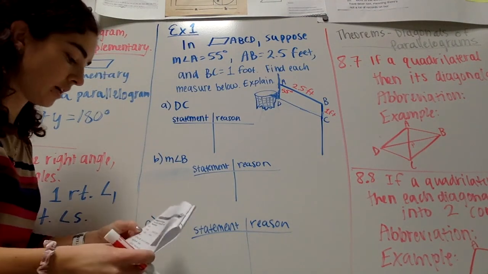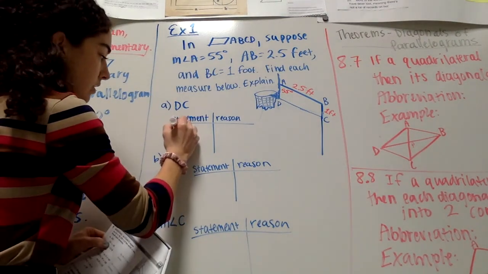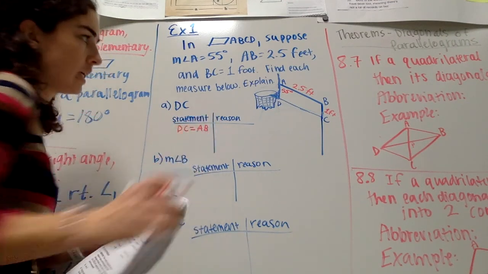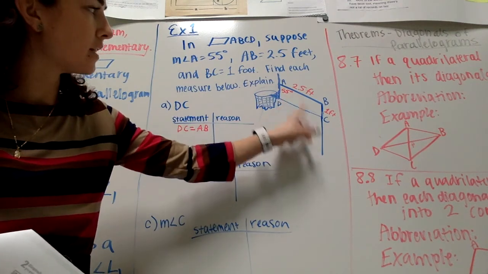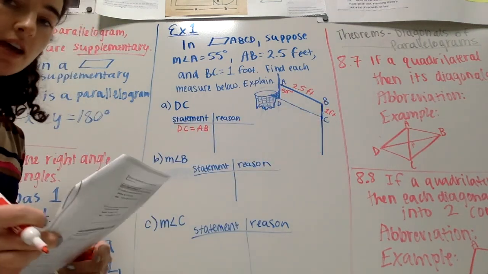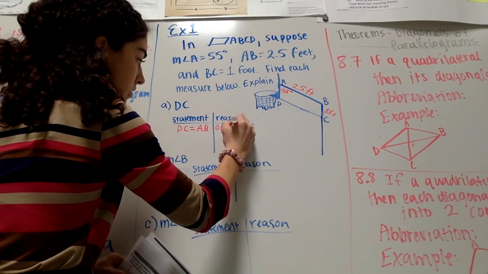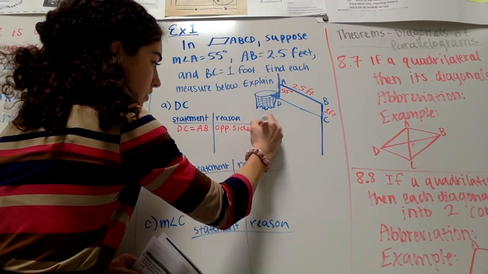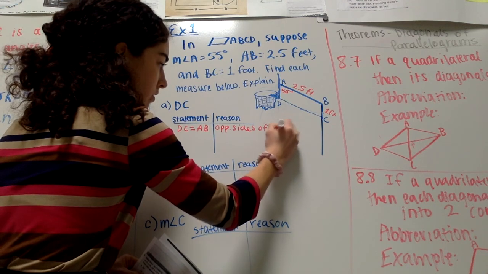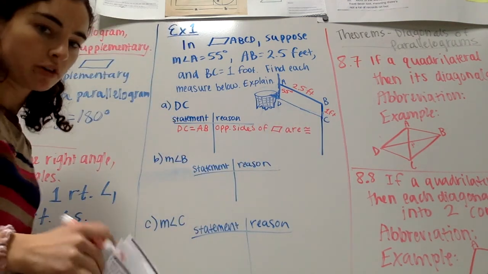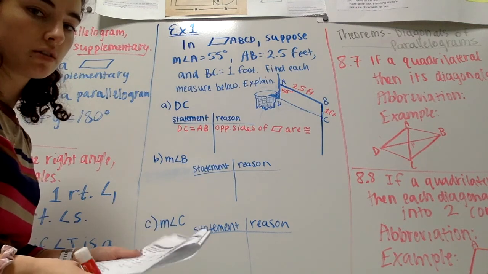We know that DC is the same as AB. Okay, and the reasoning for that is opposite sides of a parallelogram are congruent, so we have to write out that abbreviation.